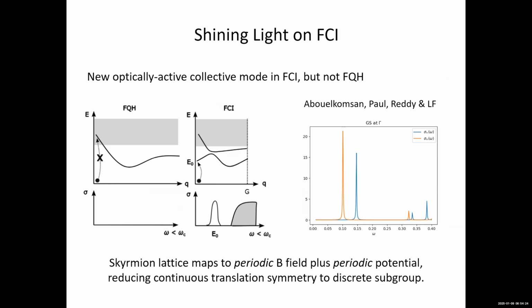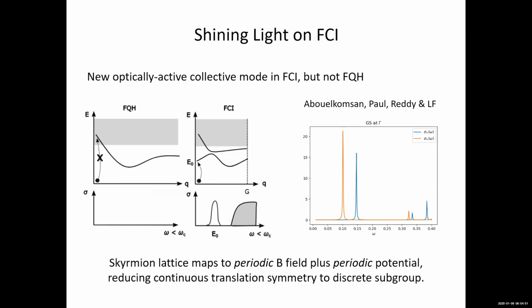On the other hand, when we map the Chern band of a moiré lattice into a magnetic field problem, the emergent magnetic field is not uniform, but has the periodicity of the underlying lattice. In addition, the mapping gives us a periodic scalar potential. So these effects reduce the continuous translation symmetry to the discrete lattice translation.